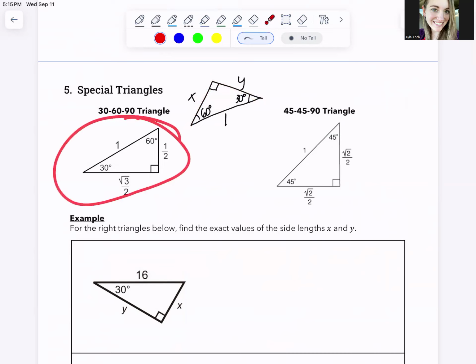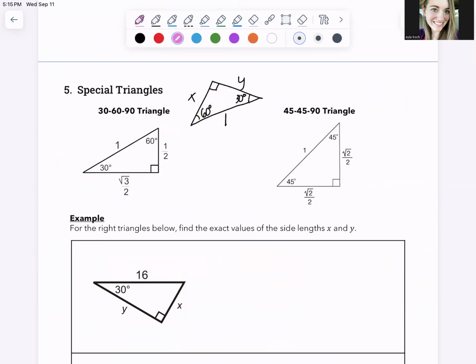All we have to do is come back to this triangle and look at connecting angles. The side opposite the 60-degree angle should be square root 3 over 2, and the other side, opposite the 30-degree angle, should be 1/2.